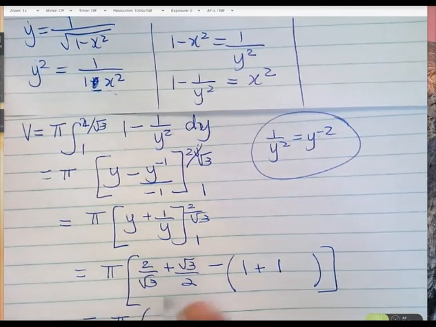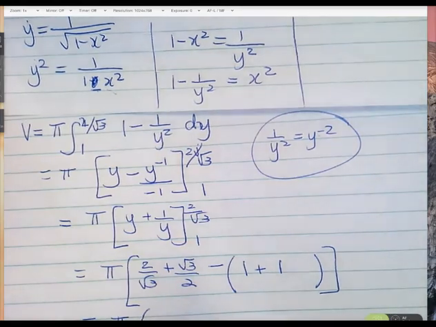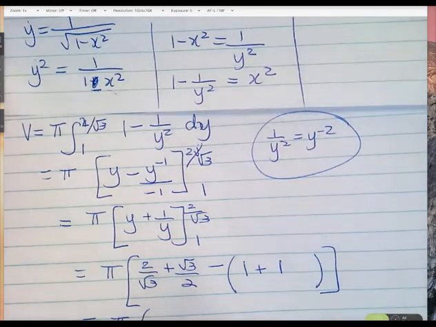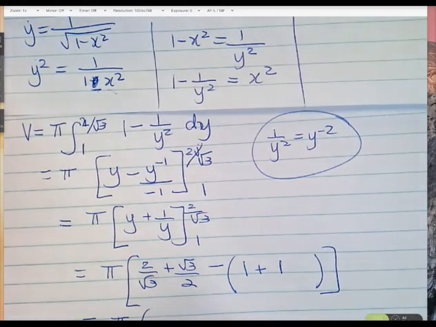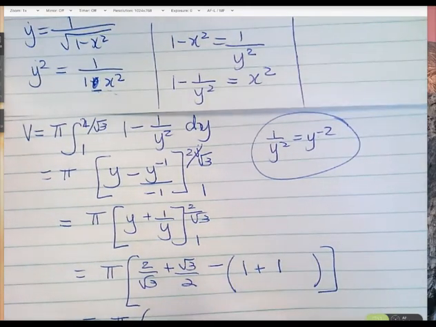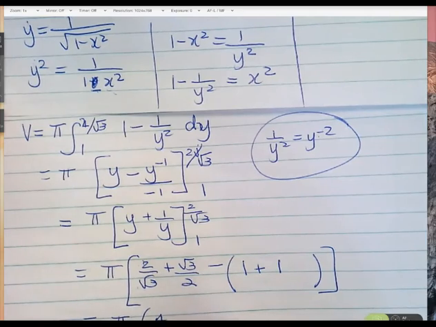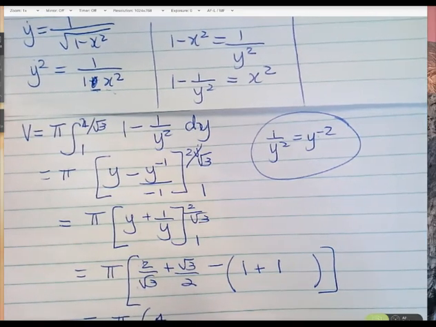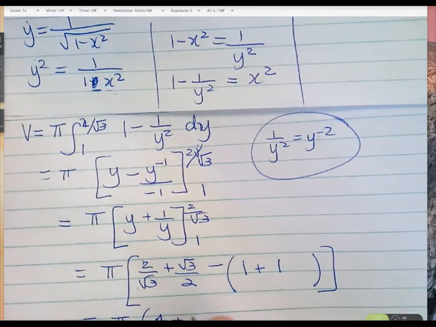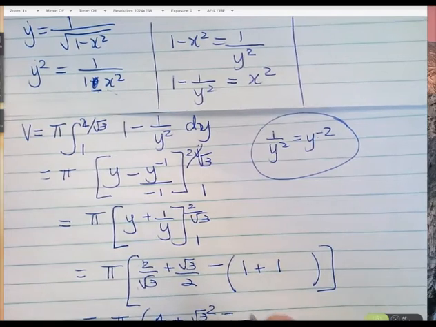Common denominator is 2 root 3, isn't it? Why don't we multiply everything by 2 root 3? No, you can't. Common denominator. What's this one missing? A 2. So it's 4 over 2 root 3 plus root 3 squared over 2 root 3 minus 2 times 2 root 3.